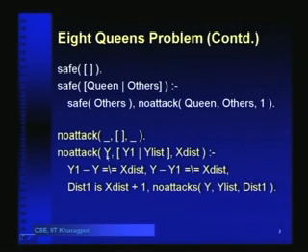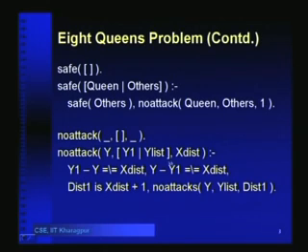Yes, y is the queen in the column which we are considering now. y1 is the column with which we are trying to check conflict, and x dist is the distance of that column from the column where y is, always to the right.